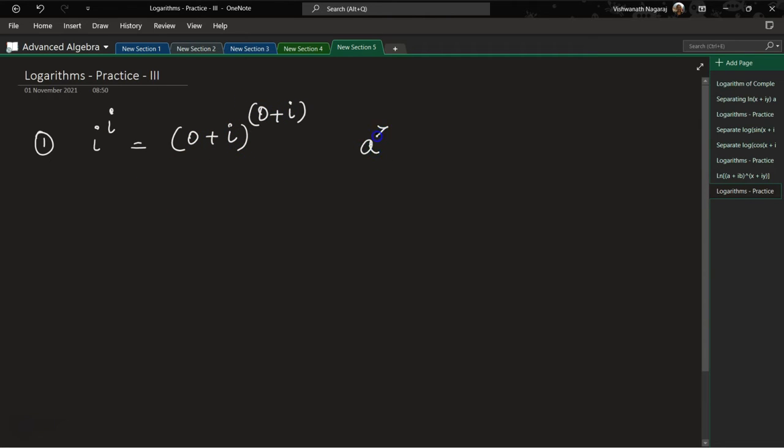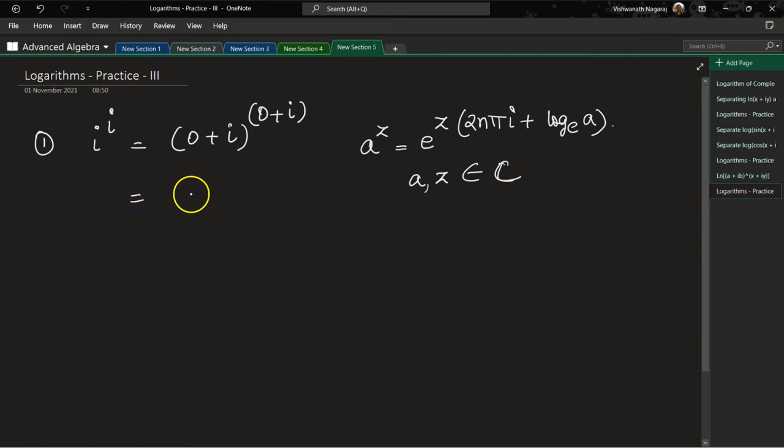Also remember, a to the power of z is equal to e to the power of z times the general form of log a, which is 2n pi i plus log e of a, where a and z belong to the complex numbers.